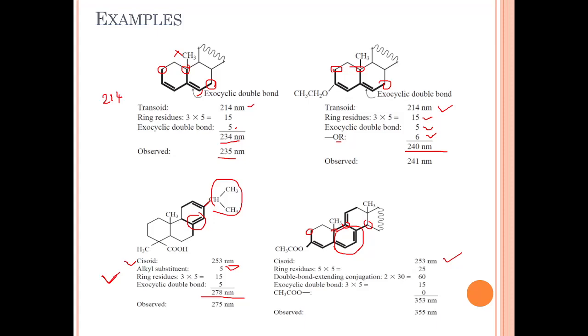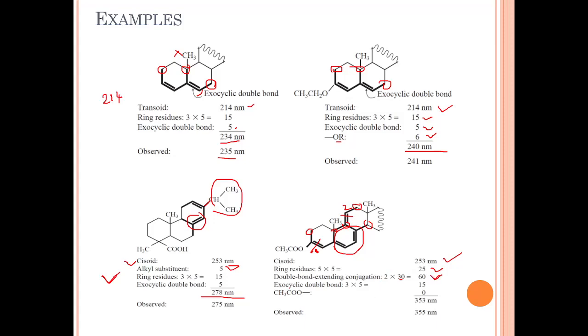Okay, over here this is the 5. So these 5 ring residues account for 25. Now we have two double bonds, one over here and another over here. So one extended double bond will have 30 nanometer. So we have two double bonds, this one and this one over here. It accounts for 60 nanometer.